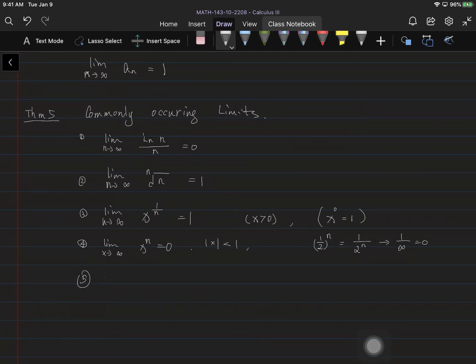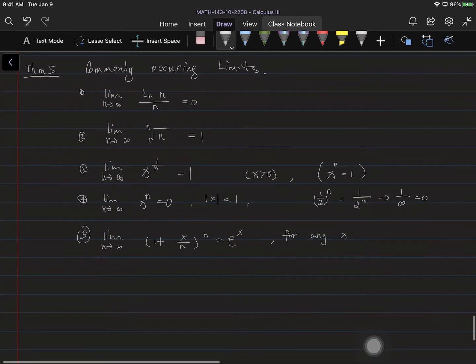Number 5. As n goes to infinity, (1 plus x over n) to the n is e to the x. Here for any x.